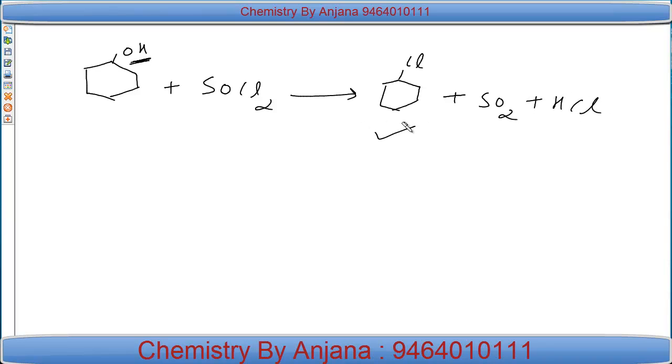So the main product will be this, and this is called simple nucleophilic substitution reaction. So if I'm asked what happens when these two react, I need to refer to the very first method of the preparation of alkyl halide, and here I am with the product.